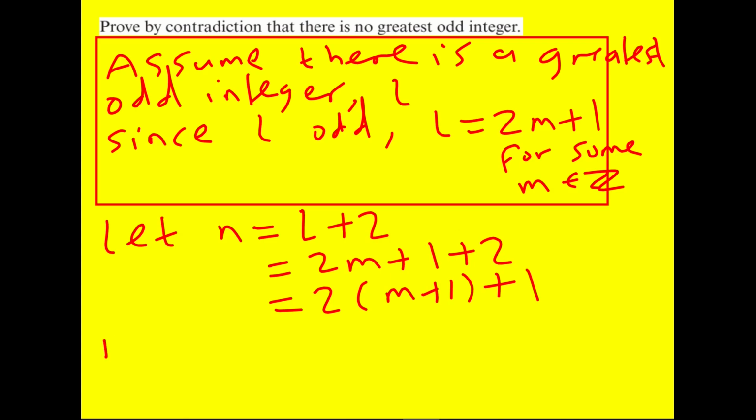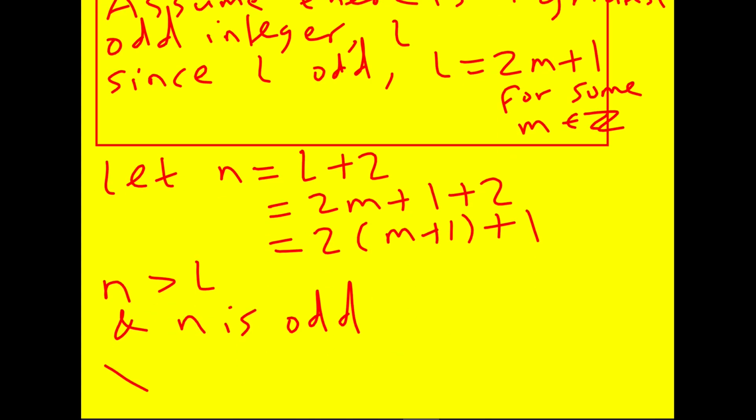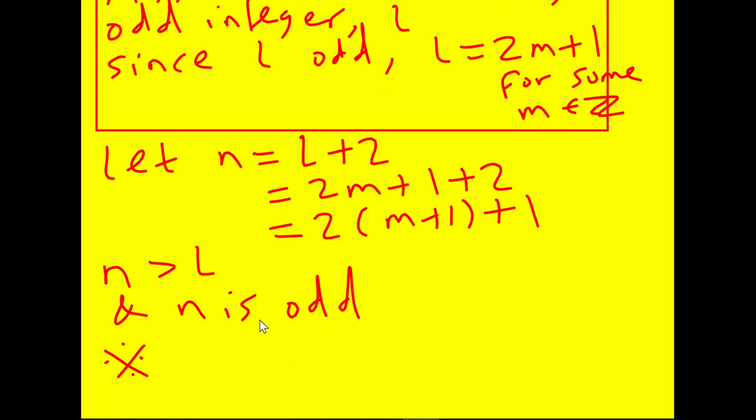Okay, so n is going to be greater than L, and n is odd because it's just 2 times a number plus 1. But this is an issue because I've assumed that L is the greatest odd integer, yet I've just found one that is both greater and is odd. So this is a contradiction, and I can then just say the last bit, there is no greatest odd integer.